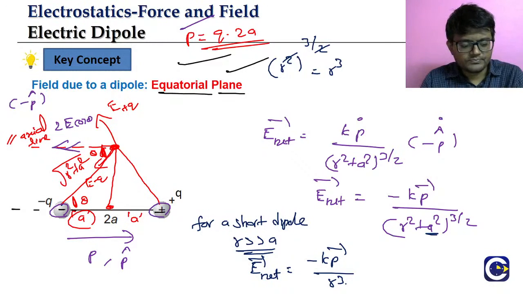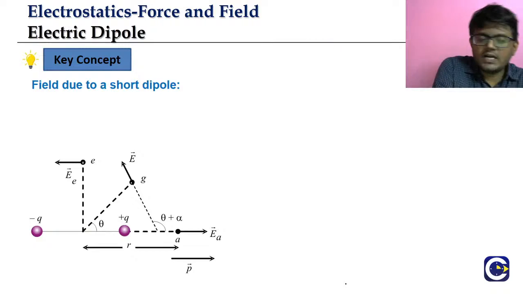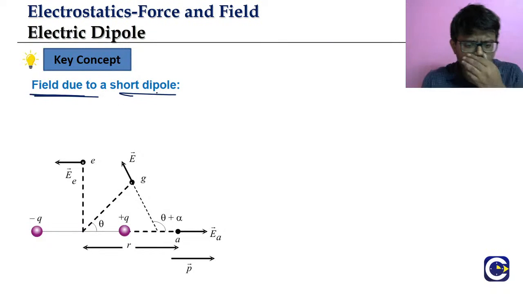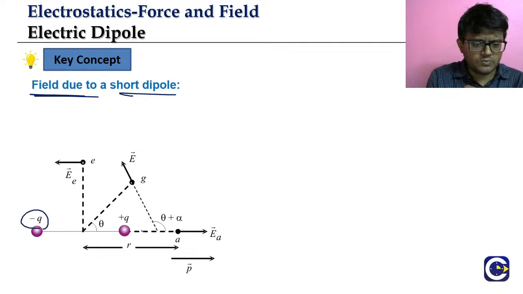For a short dipole, we mostly get questions based on the short dipole. So the dipole we are taking is a short dipole, minus q and plus q.